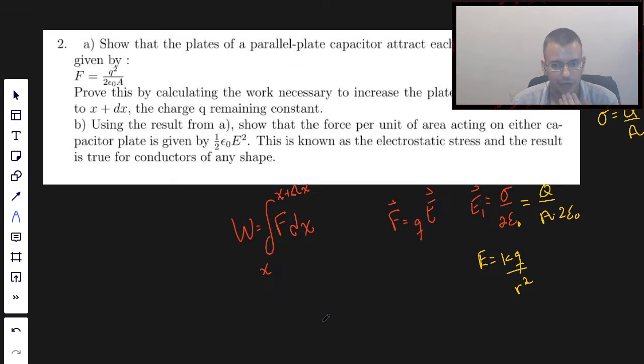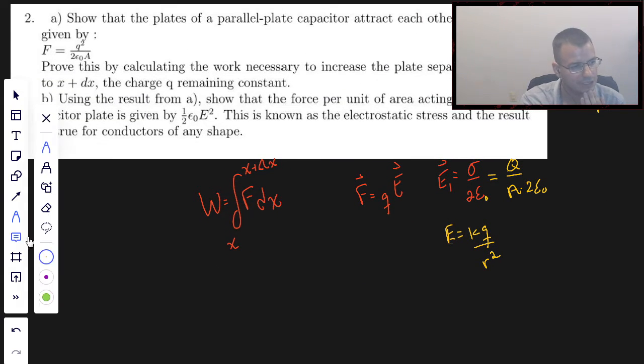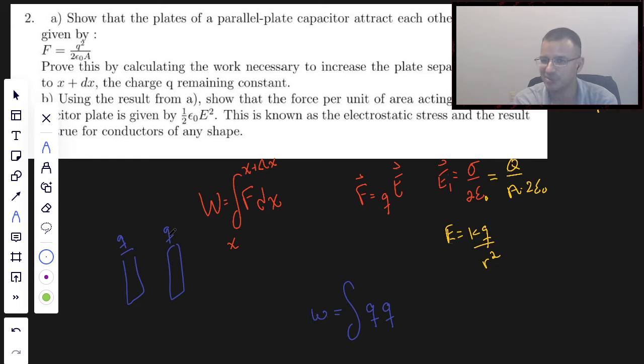Alright, enough background. Let's do this. Game face. So this becomes work equals the integral of F, which is QE, which is Q times, and I'm going to write another small q here, because one q is from the left plate and the other q is from the right plate. These are different q's, but they're actually going to be the same. It actually would be negative, but that just tells you the direction of the force.